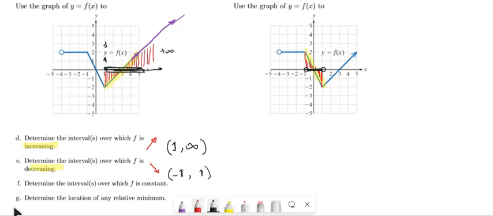All right, now for constant. Constant means horizontal. There is no change in the value of the y's, neither upward nor downward. So we return to the first part of the graph, and we can see that part is only reflected here.